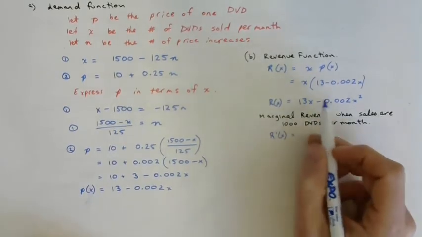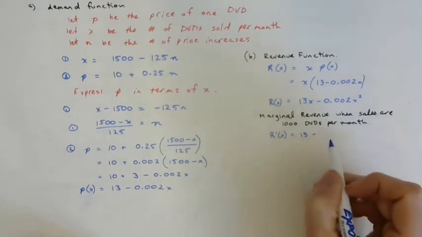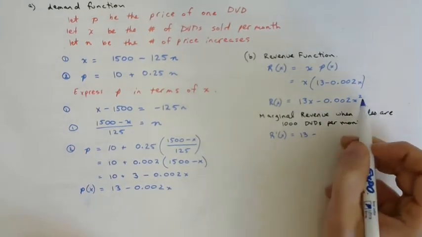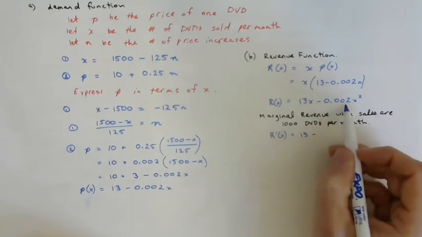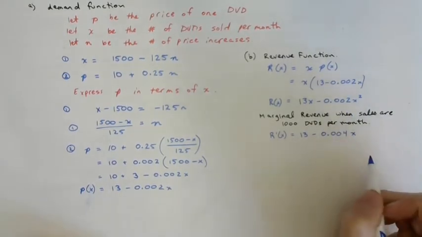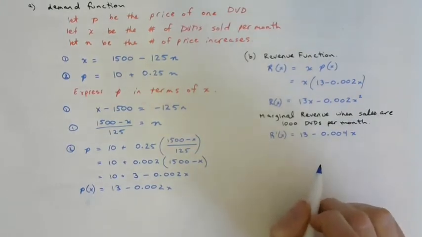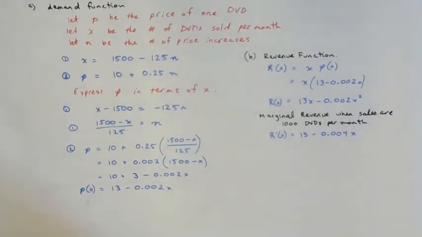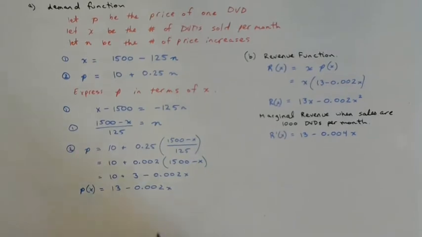The derivative of this function is 13 minus 2 times 0.002, that's 0.004x. And we need to then sub in 1,000 for x.